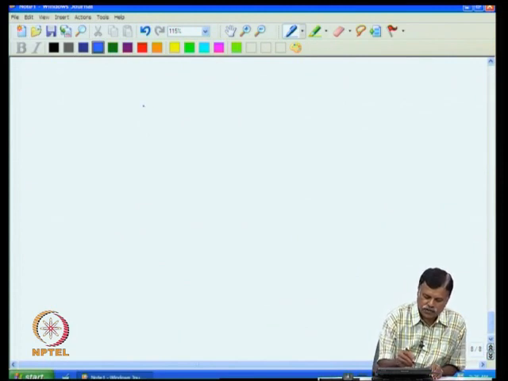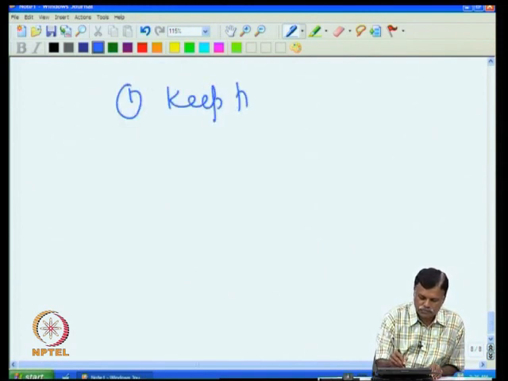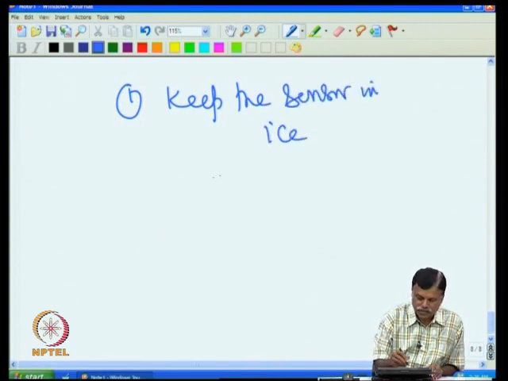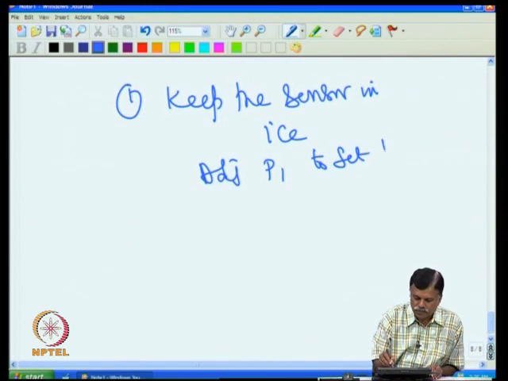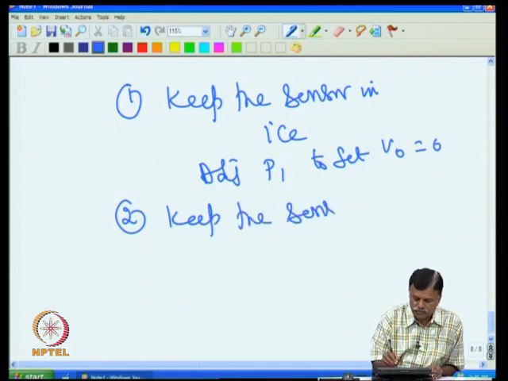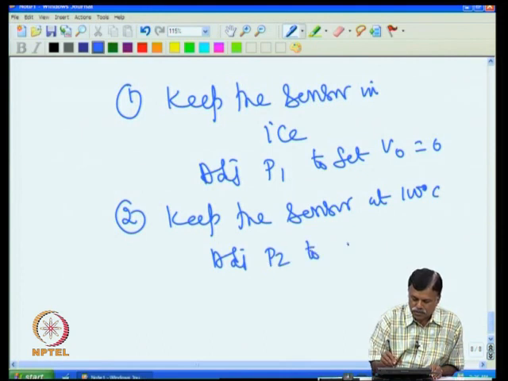So essentially the calibration step would be: keep the sensor in ice. Adjust P1 to get output equal to 0. Then keep the sensor at 100 degree C, adjust P2 to get output as 1 volt.